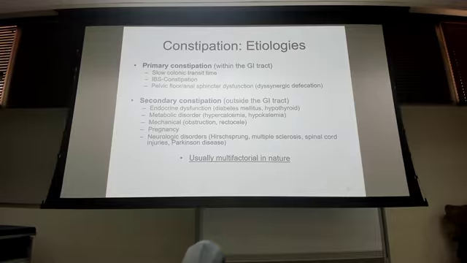IBS and constipation, as I mentioned, and then that dyssynergic defecation, pelvic floor, anal sphincter dysfunction, not working in unison. That's what dyssynergic defecation means. So you're straining, abdominal muscles are spasming, but the sphincter is not relaxing, which is why we need it to pass. And the pelvic floor muscles are tight.